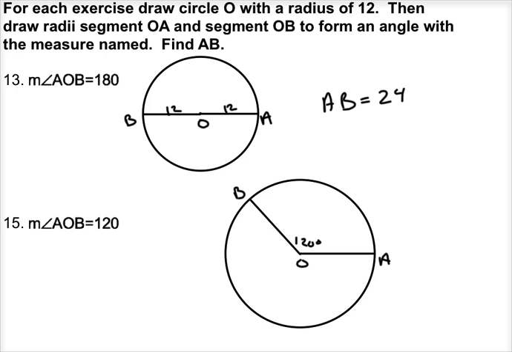and I'm supposed to find AB. So I'm now supposed to come in here and find out what's the length of that piece. Well, I know a couple of things. The first thing I know is the radius is 12.